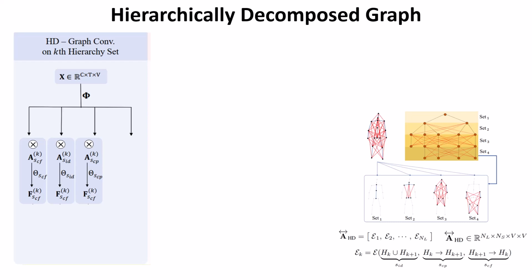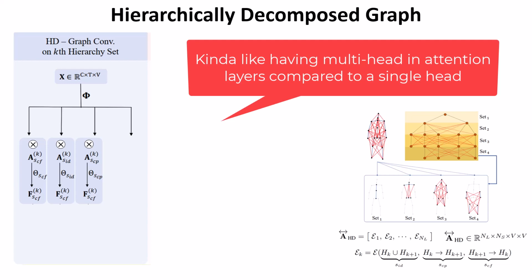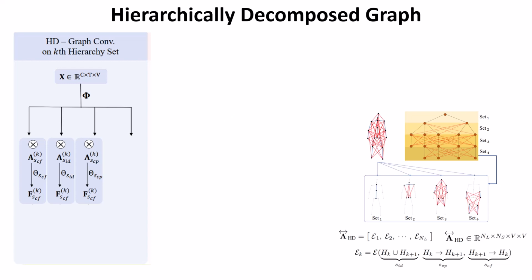But once we separate them into centrifugal, identity and centripetal, that means for the different sorts of edges that we have, we are learning different weights. That means if I want to pass some message from the center torso, which was the parent, towards the upper torso and bottom torso, which were the children, I have one unique set of weights.